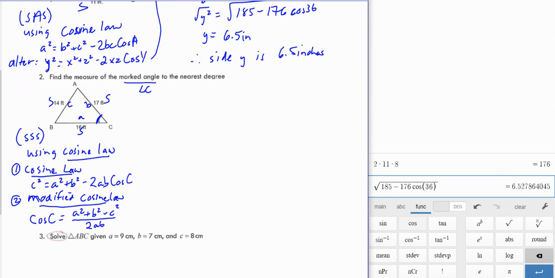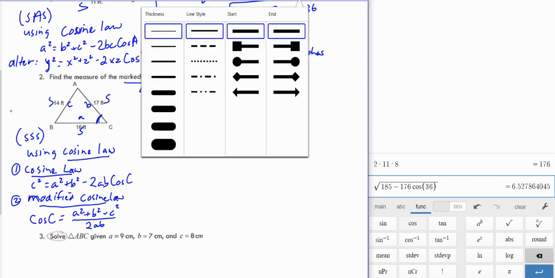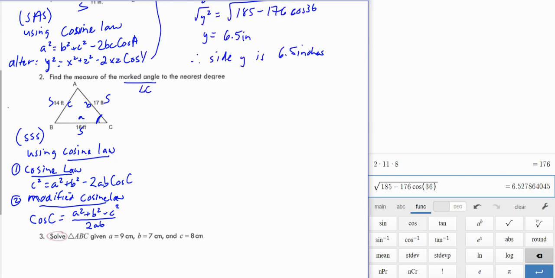Okay, so we'll show it both, because then you can sort of make a judgment call of which one you like better, if you think one saves you time or not. Okay, so we're going to leave lots of room here. So step 1, C squared equals A squared plus B squared minus 2 times AB cos C. Okay, so we have up to there to work.